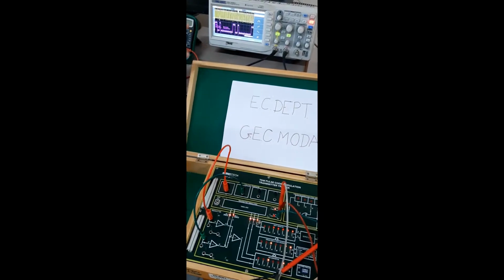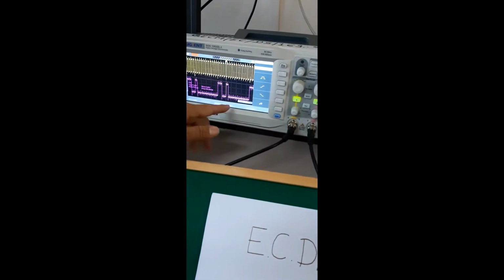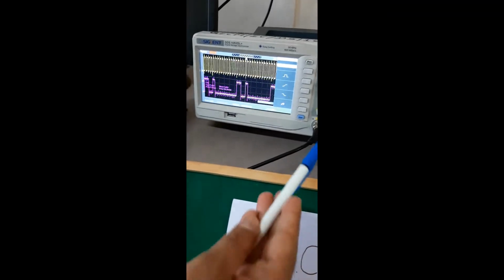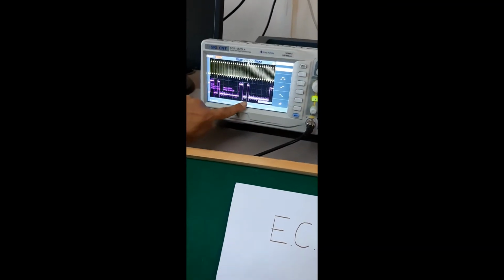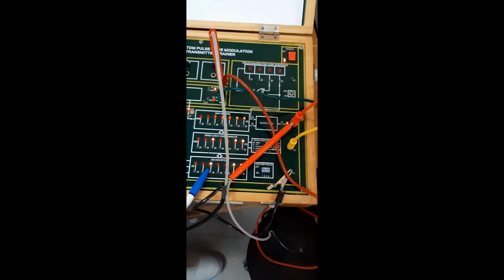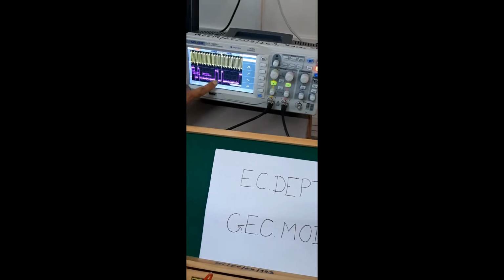And please note that while you are observing or reading on this oscilloscope, you should read from right to left. So this is 1, corresponding to this, and these two bits are continuous, which is shown over here.